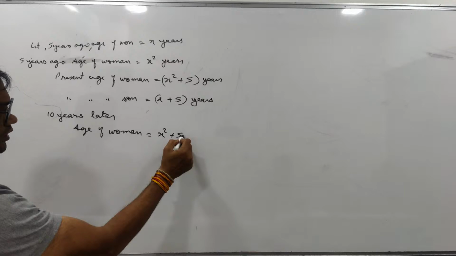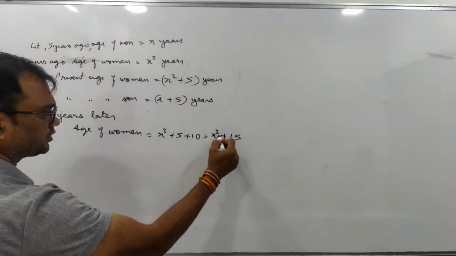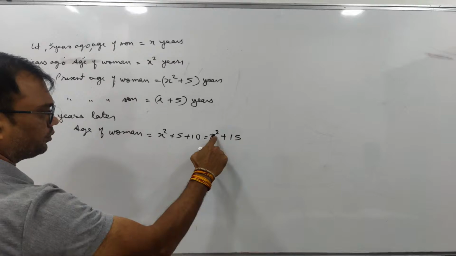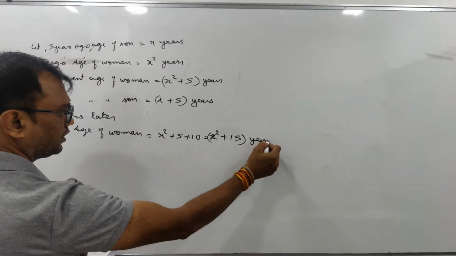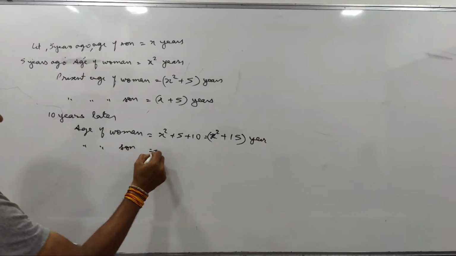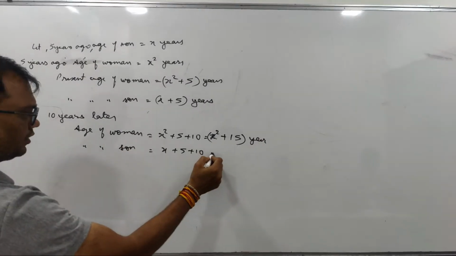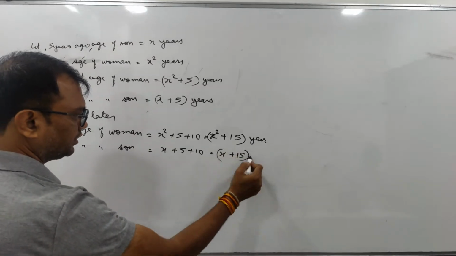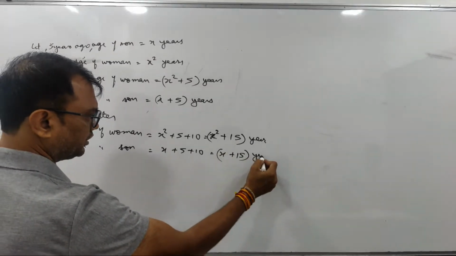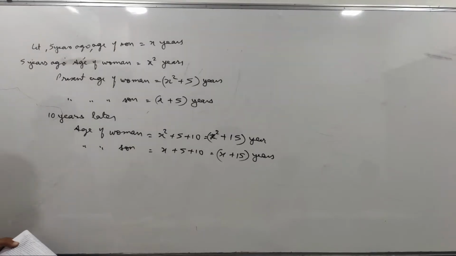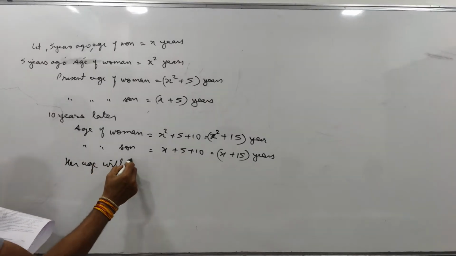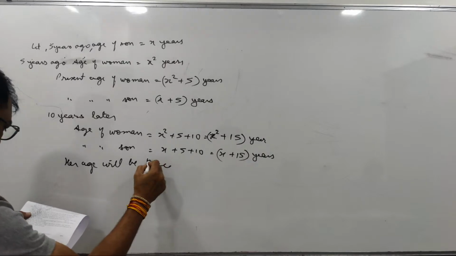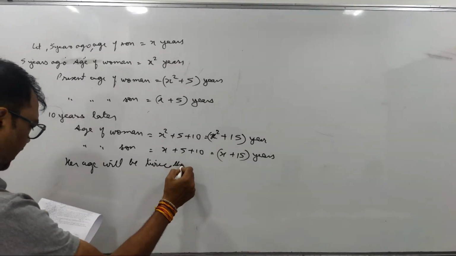Plus 10. So it becomes x square plus 15. And what will be the age of the son? It will become x plus 15. So this is 10 years later related to the present. Now it is mentioned her age will be twice that of her son's age.